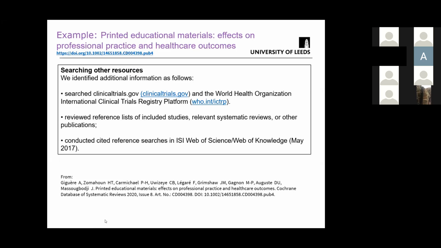Then we also want to report our other resources that we used. So we would talk about which trials registries we went to. So in this paper, they searched clinicaltrials.gov and the ICTRP registry. They also looked at the reference lists of included studies. So they looked at relevant systematic reviews on printed educational materials on professional practice.